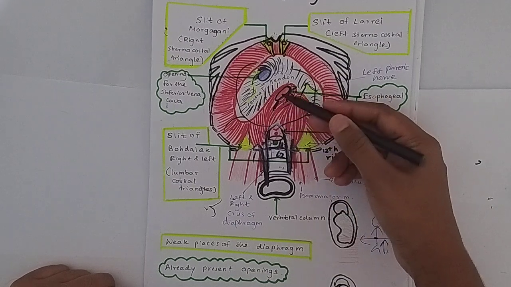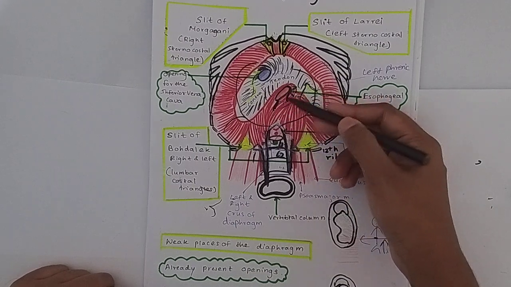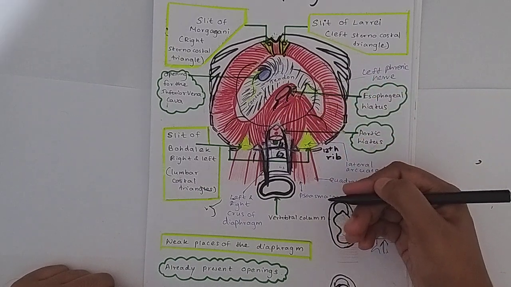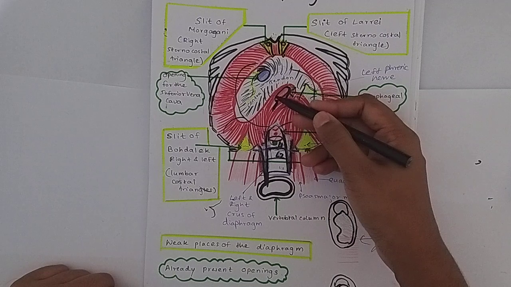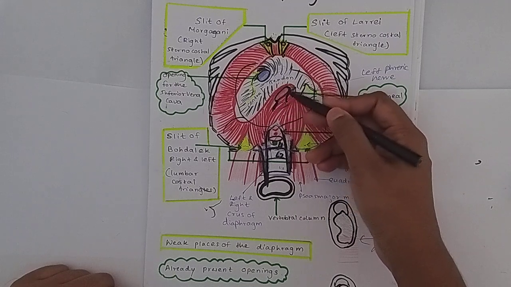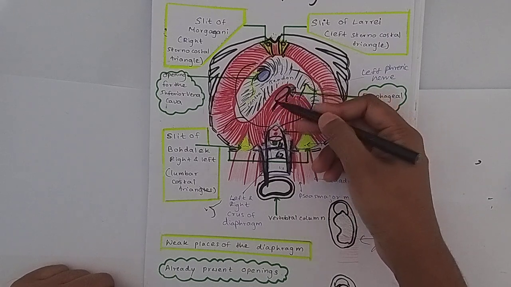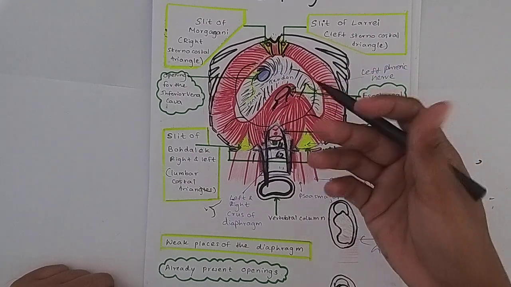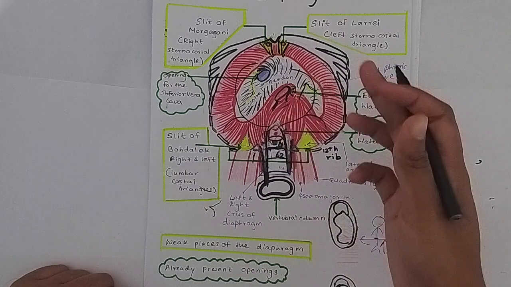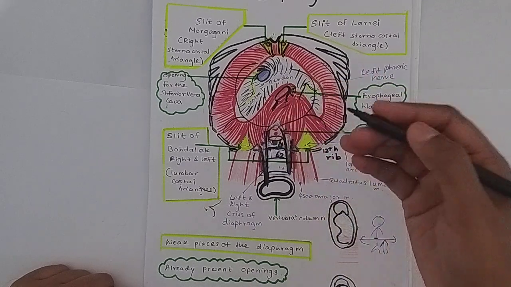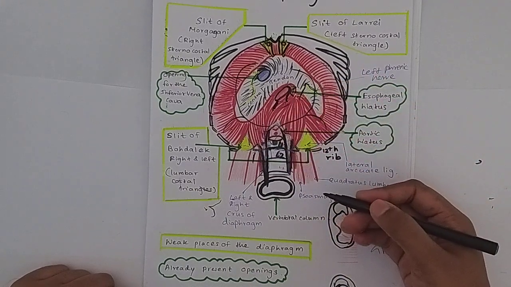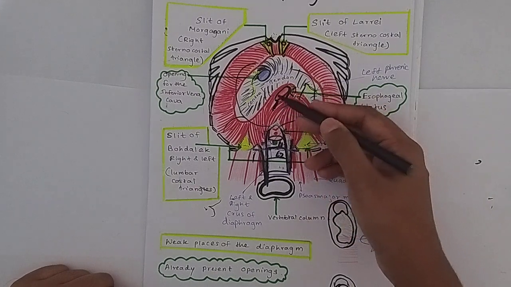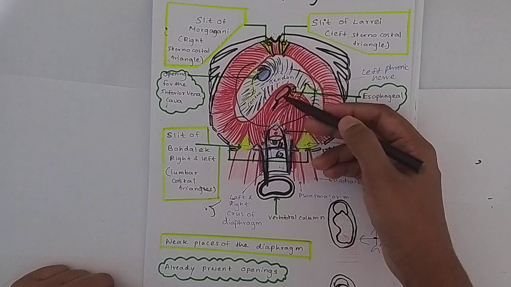The next structure is the esophageal hiatus. The esophageal hiatus is not surrounded by a tendinous band. Actually muscles are there around the esophageal hiatus, and those muscles function as a sphincter, which controls the food passage from the esophagus to the stomach, a muscular sphincter.